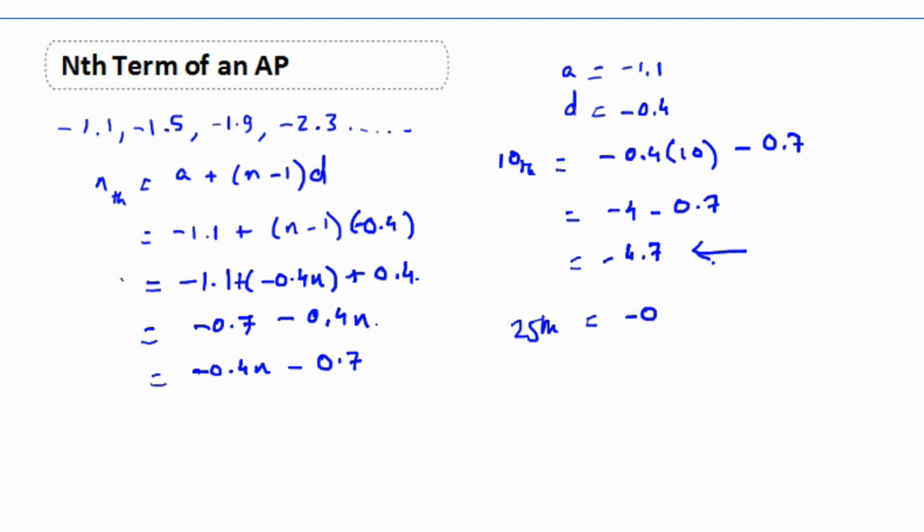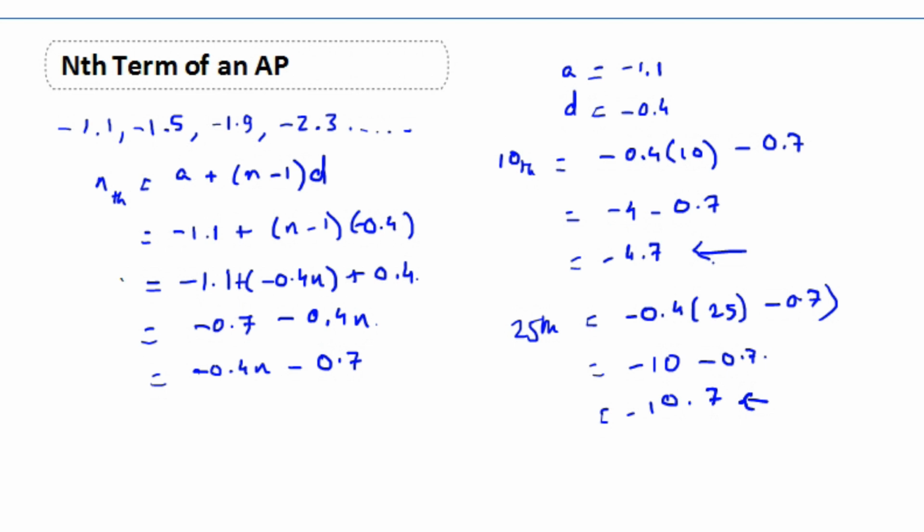So it will be negative 0.4 multiplied by 25 minus 0.7, and negative 0.4 times 25 will give me negative 10 minus 0.7, that gives me negative 10.7. That's my 25th term, and so on.